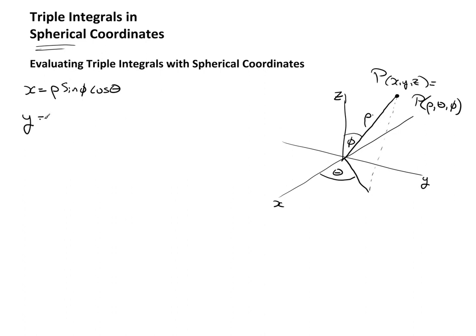Y is going to be rho sine phi sine theta, and z is going to be rho times cosine of phi. Oops, this is sine phi. I think I said phi and wrote theta. Sorry, that needs to be phi.